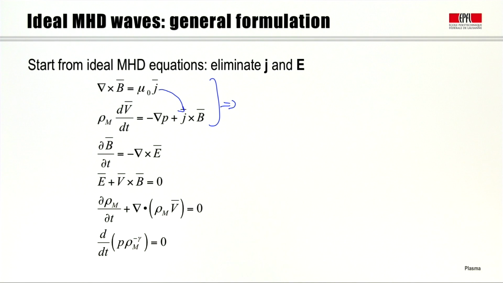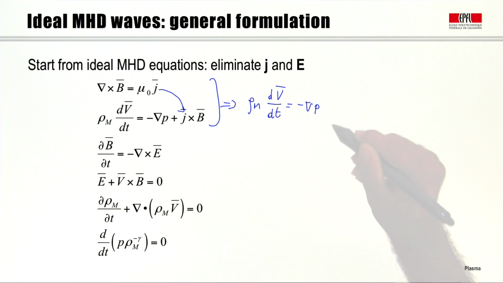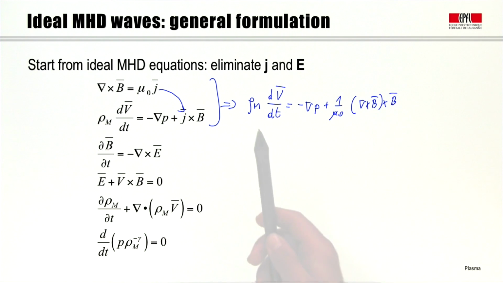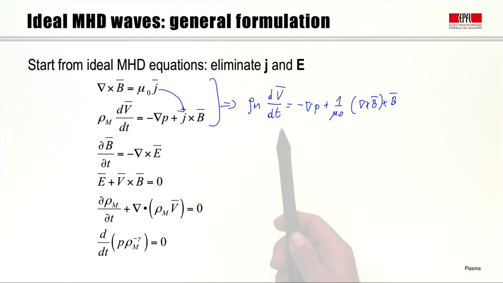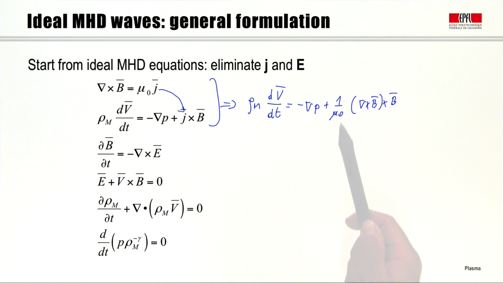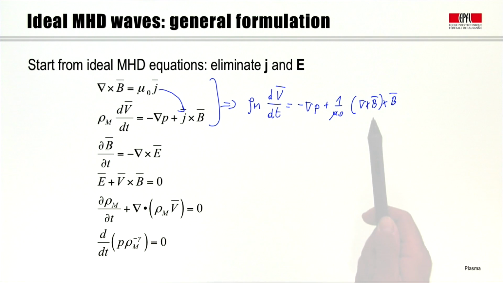With this procedure, we eliminate J. So what we obtain is that rho m dV by dt is equal to minus grad P plus 1 over mu naught the curl of B cross B.